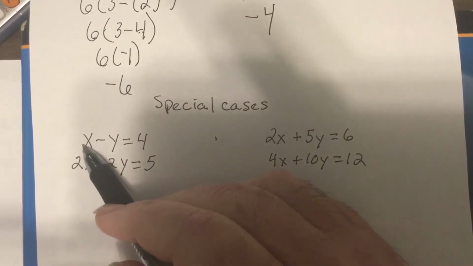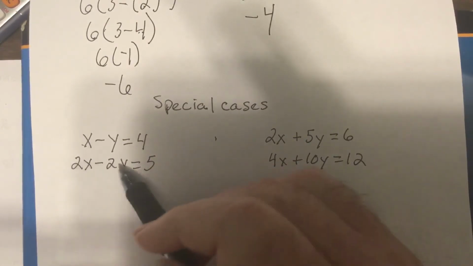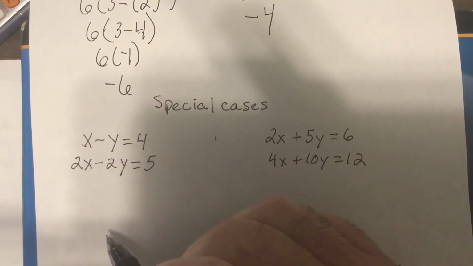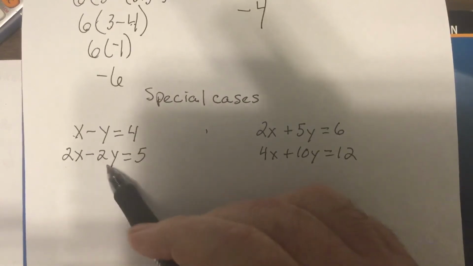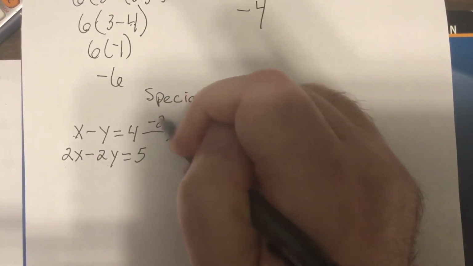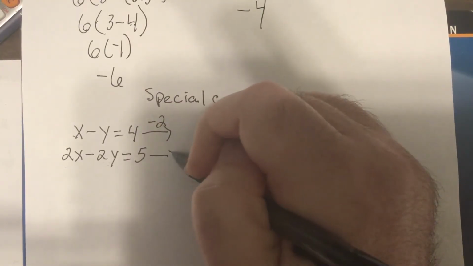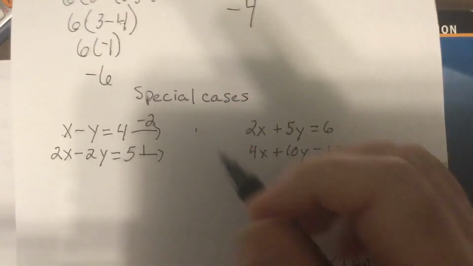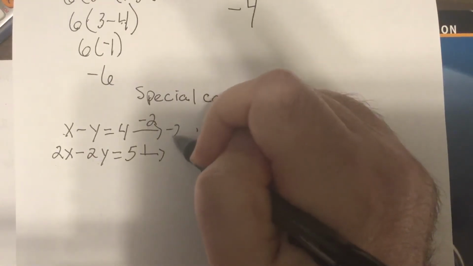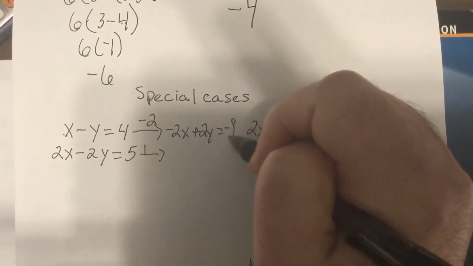Let's see, I'm going to multiply this by, well, if you notice, the x and y terms are double this. That's when you have a special case, when this is a multiple of this. But let's say I didn't notice that. I'm going to multiply the top by negative 2 to get opposite coefficients for the x's, and I'll leave the bottom one alone. So minus 2x plus 2y equals negative 8.